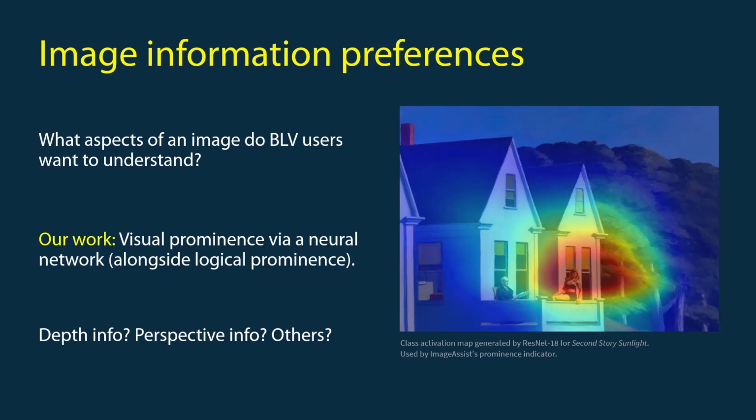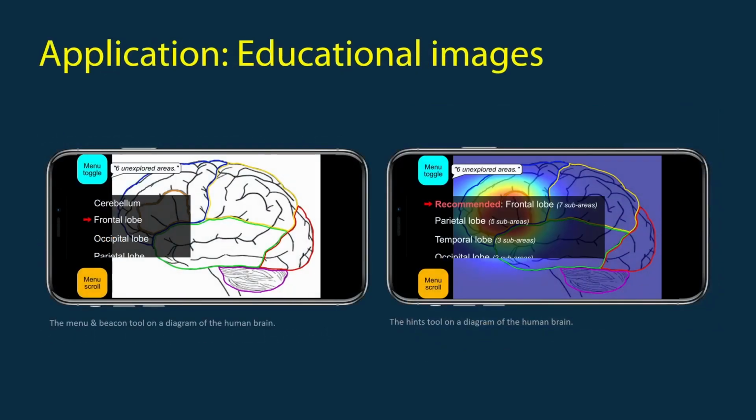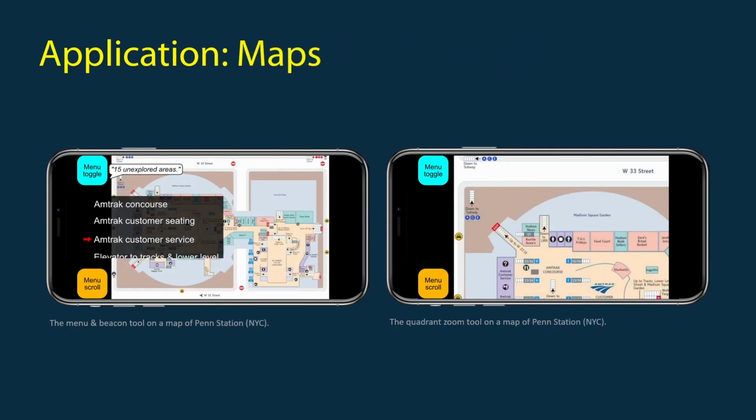We also see several real-world applications for enhanced touchscreen-based image exploration systems. One such example may be in educational context, for example using ImageAssist to more closely survey a diagram, such as this one of the human brain. Another application may involve maps, looking more closely at maps before going into an environment.